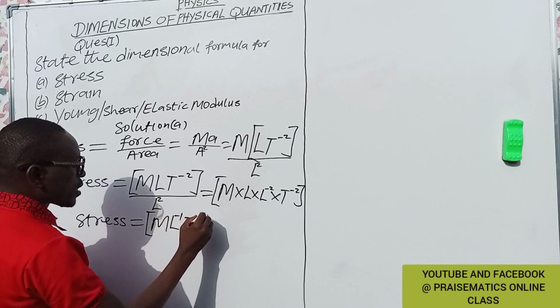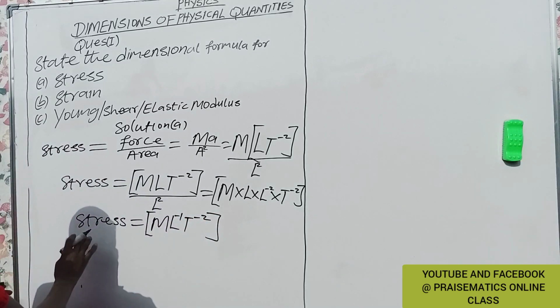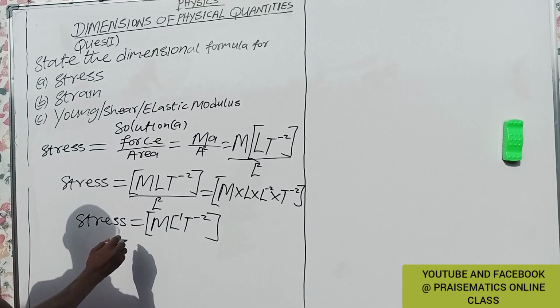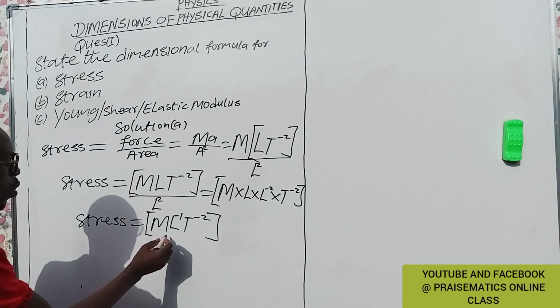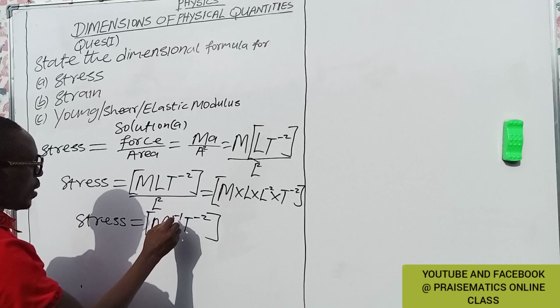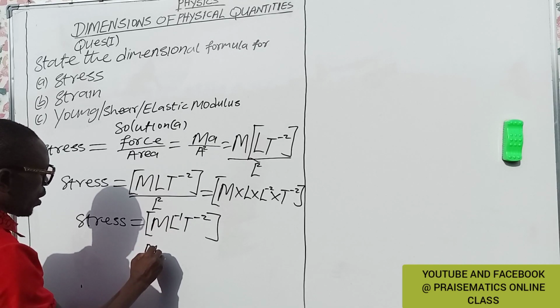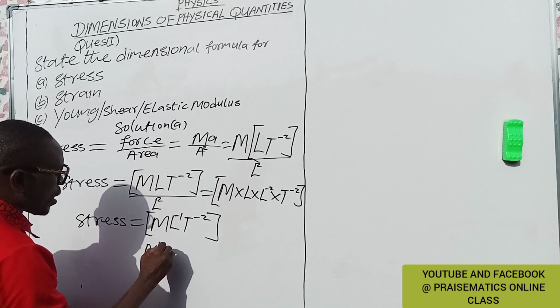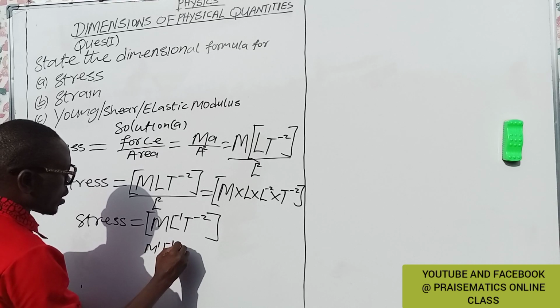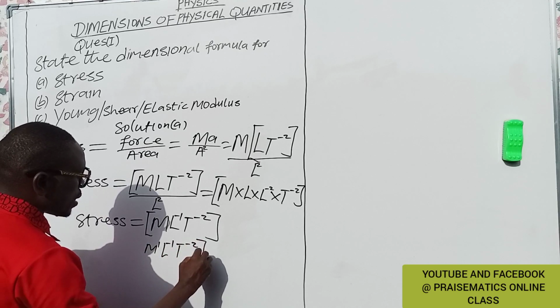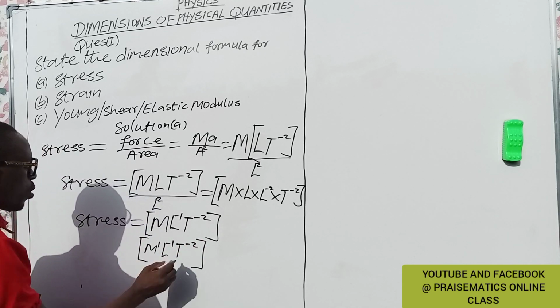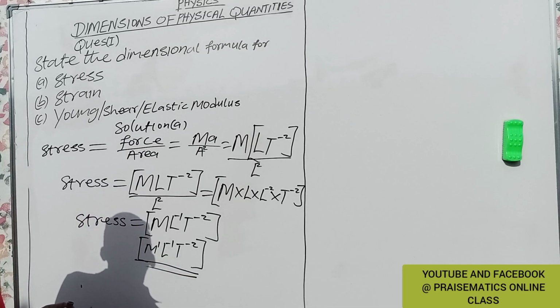Hence the dimension of stress is M raised to power 1, L raised to power minus 1, t raised to power minus 2. That is the dimension of stress, and that is what we need.